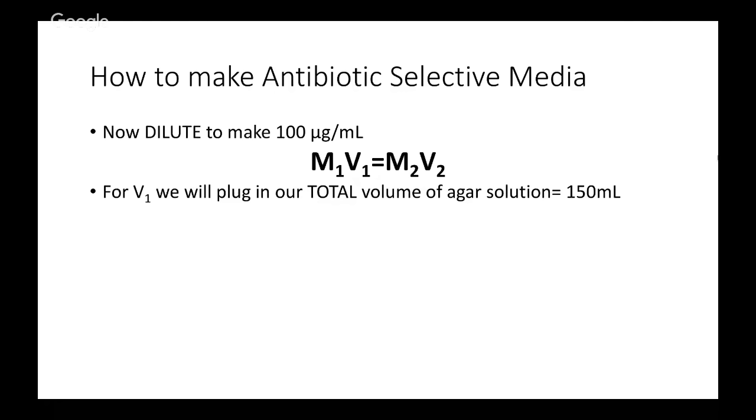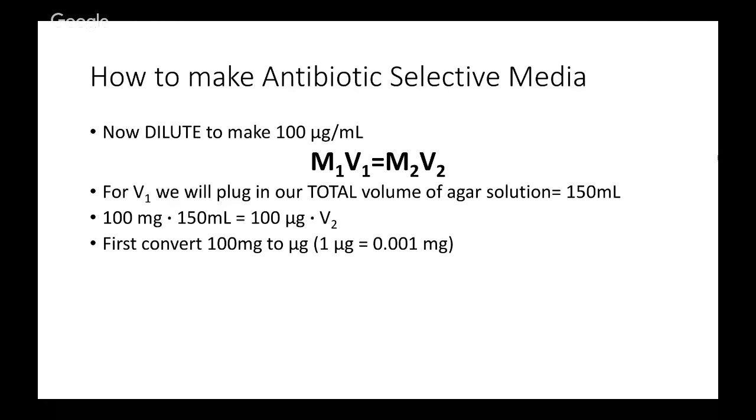Each tube that we usually give you, for example the LB agar, is 150 milliliters total. So we're going to plug that into our M1V1, M2V2 formula. And you're going to do some cool maths.